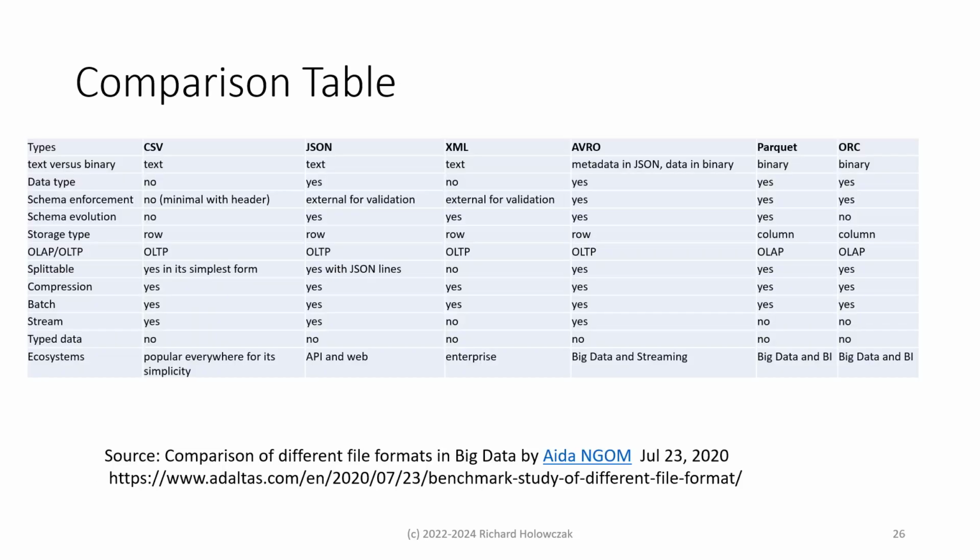Last but not least, here's a little comparison table. And again, this comes from a blog by Aida Ngom. It's a comparison of different file formats. I've just touched it up a little bit. I did remove a couple of columns because it got confusing.